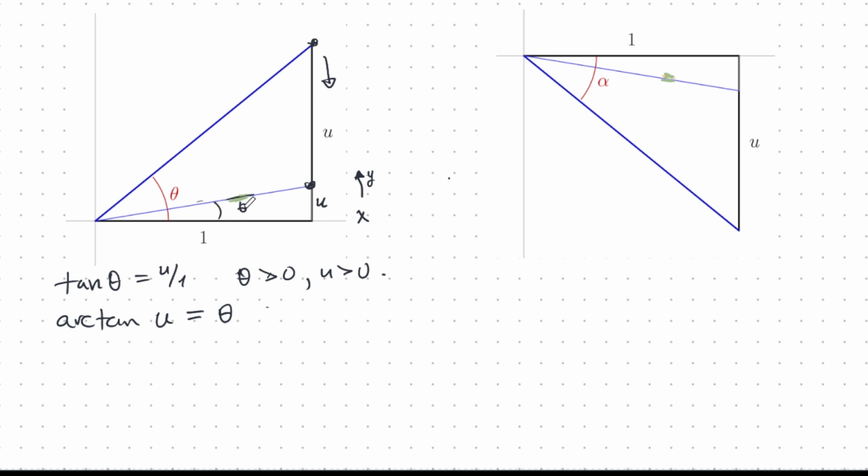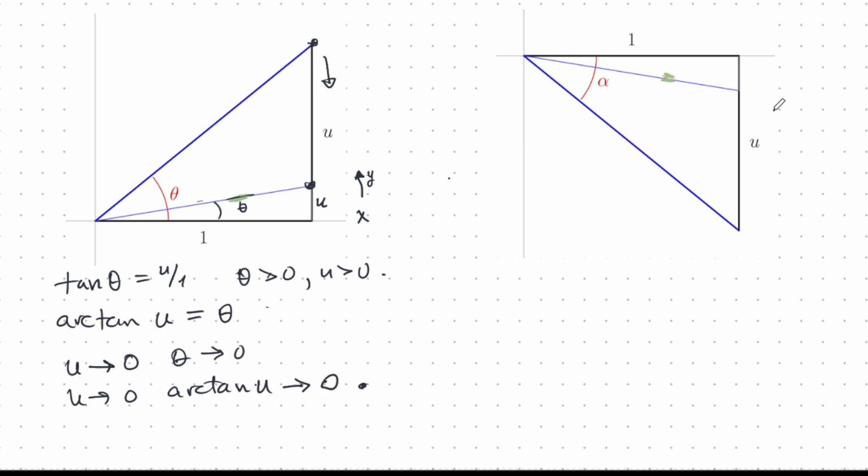Now my theta also becomes small. It's pretty obvious from this diagram: as u goes to 0, theta goes to 0, and so as u goes to 0, arctan u goes to 0. Okay, very good. So we figured out some behavior of arctan in the first quadrant.